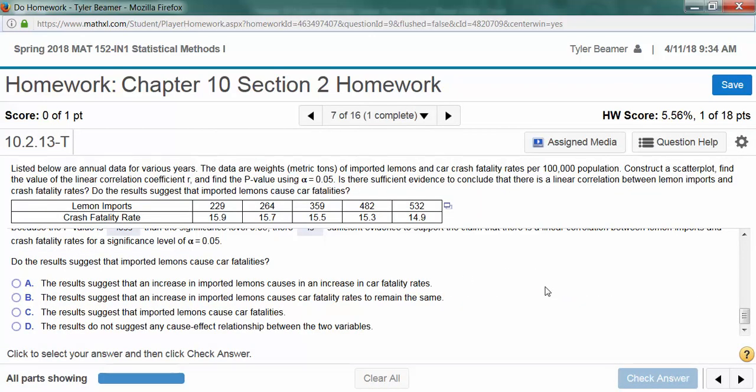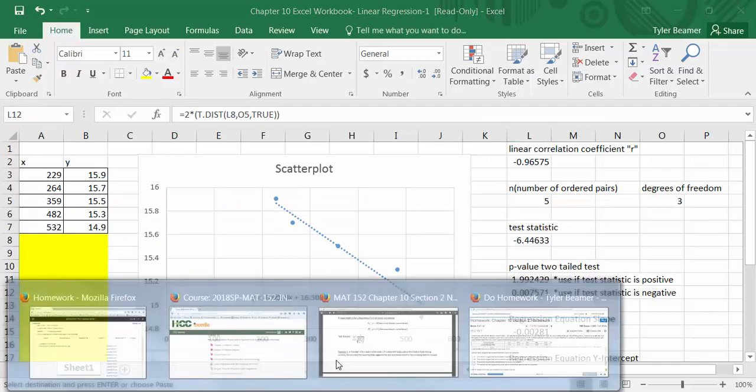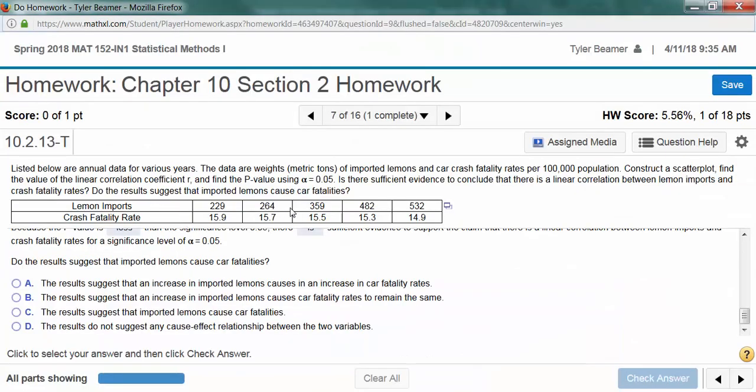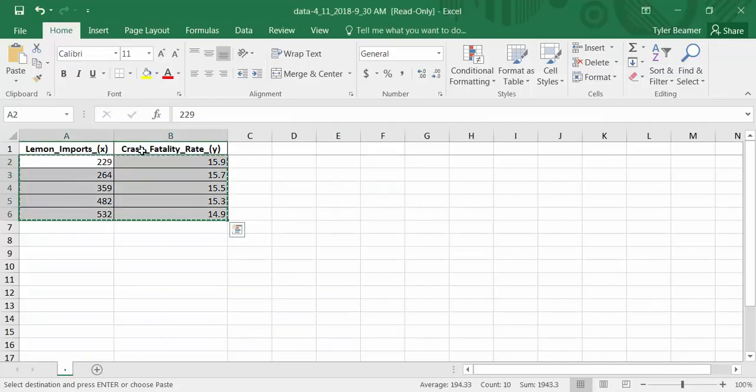And then do the results suggest that imported lemons cause car fatalities? So let's read these carefully. The results suggest that an increase in imported lemons cause an increase in car fatalities. So let's look at our scatter plot here. We're graphing the lemon imports as X, crash fatalities as Y. And you could look at the data that was copied into your Excel template.